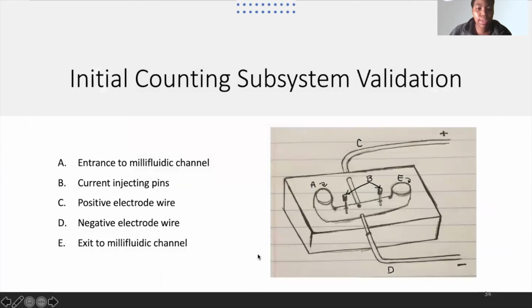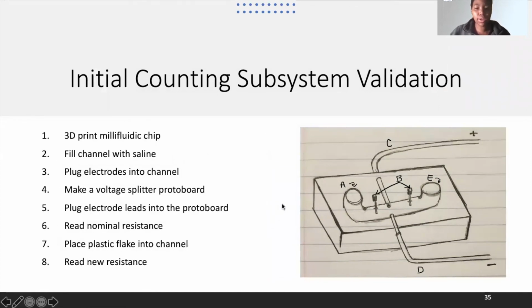Looking at the counting, we're going to have a channel input where we're going to be inputting the saline and the microplastics. We're going to have the injecting pins for the current, and then we're going to have the electrodes that we're using to measure the resistance.